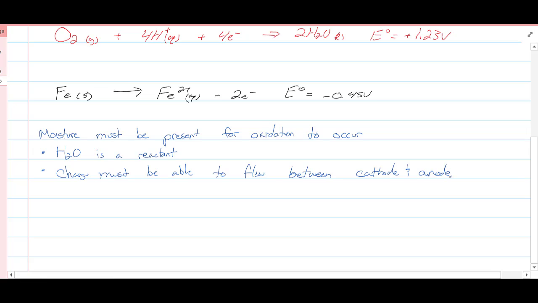So we got to have an electrolyte. So for example, if we add an electrolyte such as sodium chloride, right, this enhances current flow.